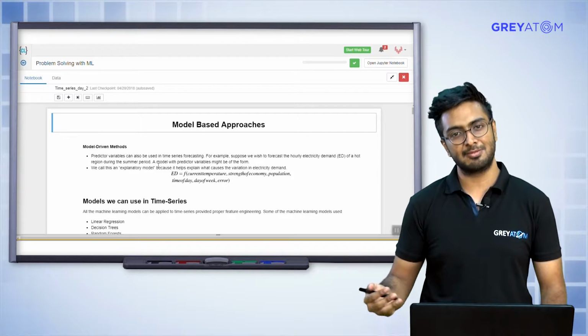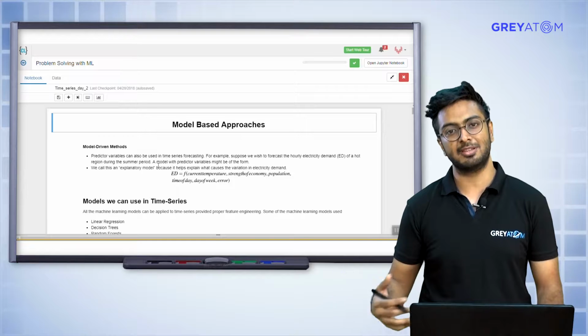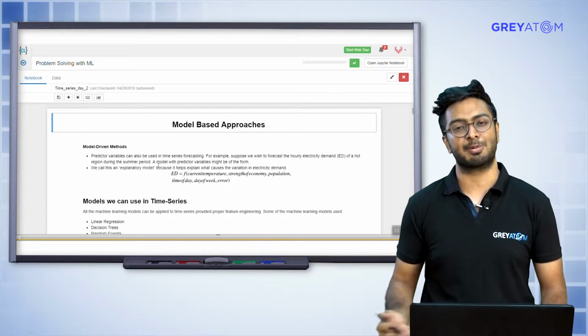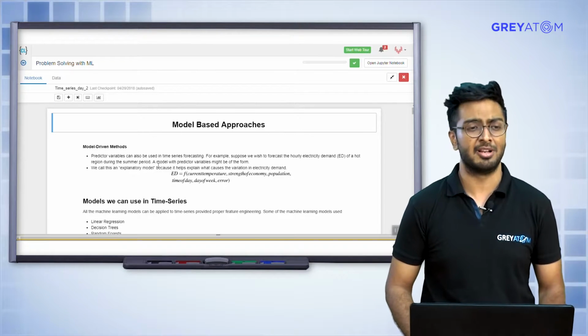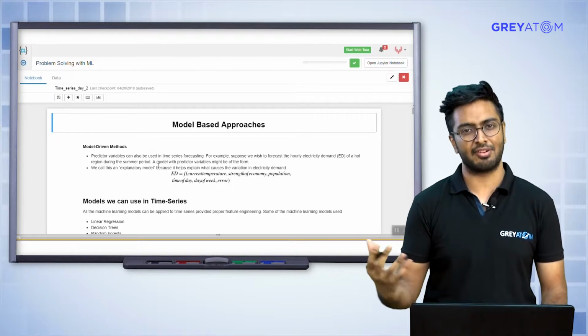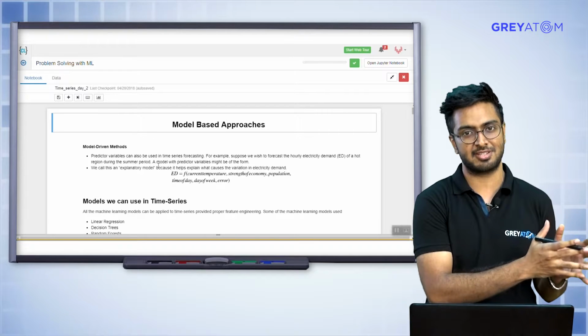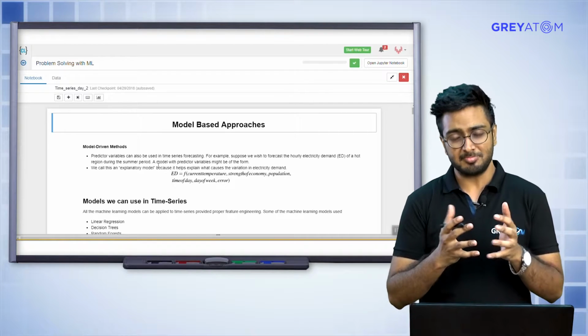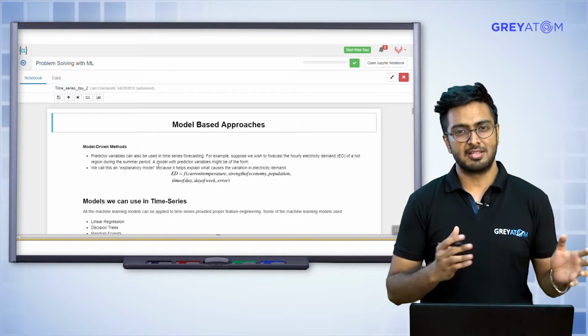But in the case of time series, you can use the older values of the target variable to also predict the current target variable. That's mostly the major difference between normal time series prediction and normal machine learning prediction.